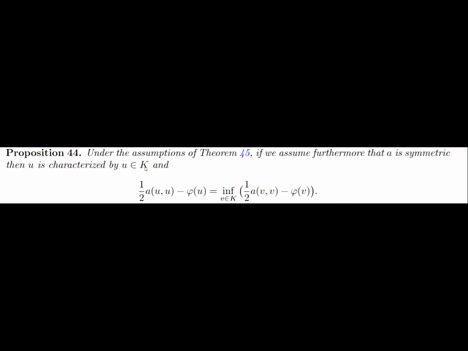So if you assume that the assumptions of the theorem of Stampacchia are satisfied, and if we assume furthermore that A is symmetric, then the U from the Stampacchia theorem is given by this minimization problem.